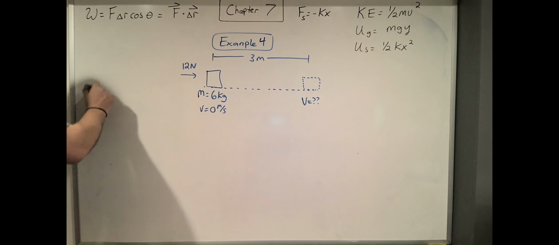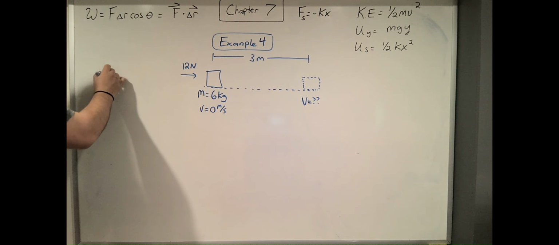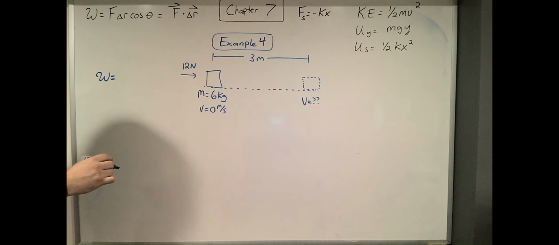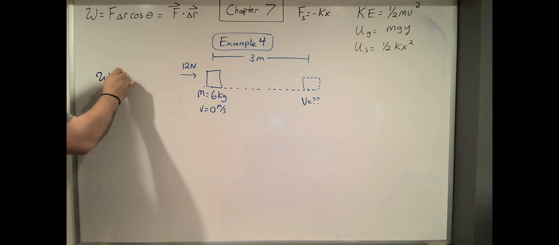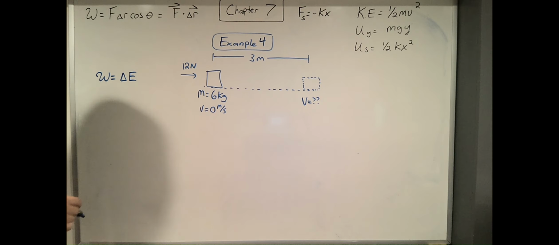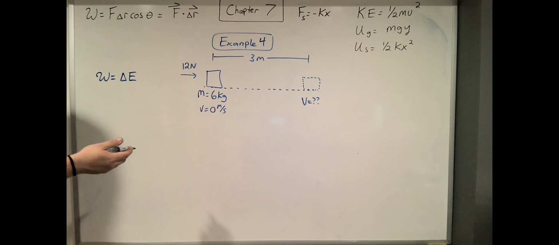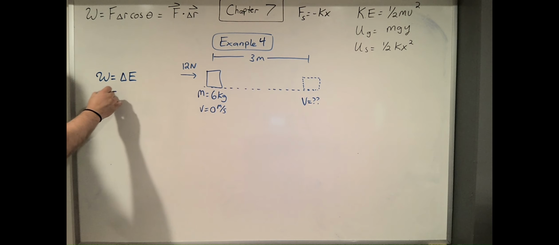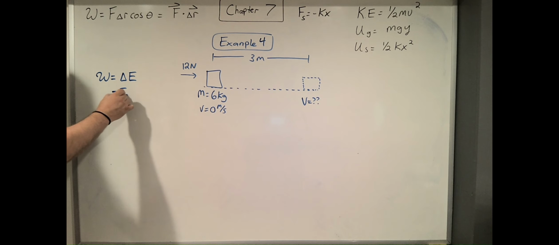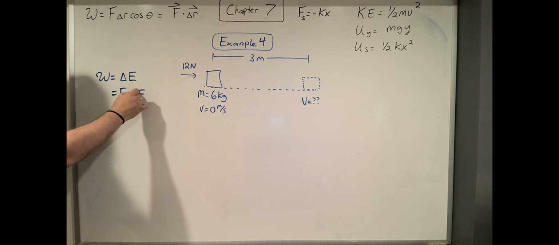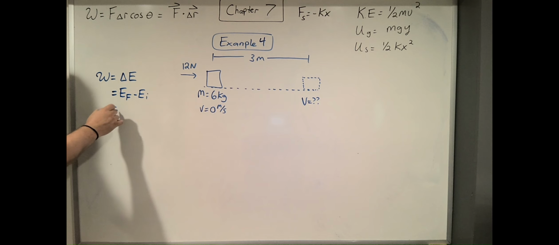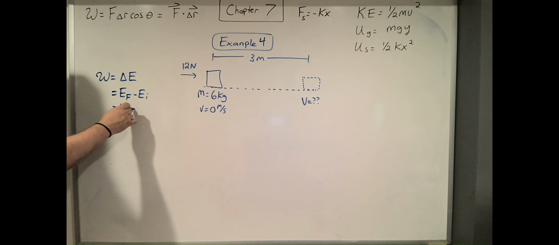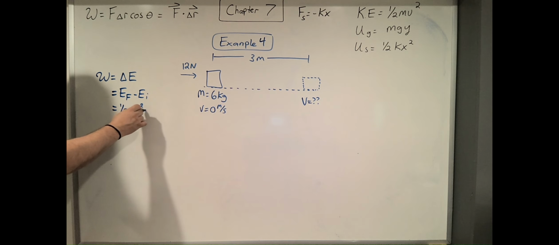Well, I know that work is equal to the change in energy. All that is energy. It's just the change in energy. And remember, change is final minus initial. The only energy that I'm working with is kinetic energy.